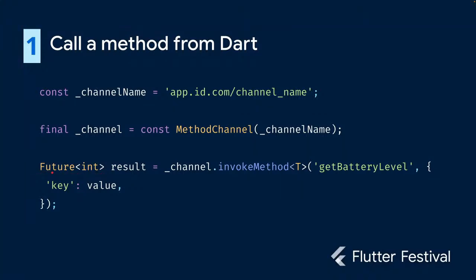So result equals channel.invokeMethod, and this method has a name, getBatteryLevel. So I'm calling a method on the native side that has the name getBatteryLevel. And I can send any arguments I want, in the form of, as we said, JSON-like key and value pairs.